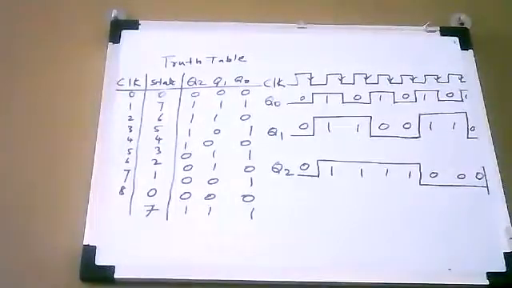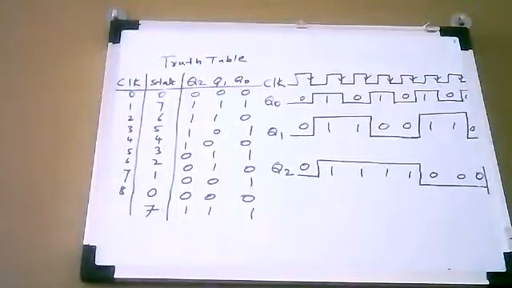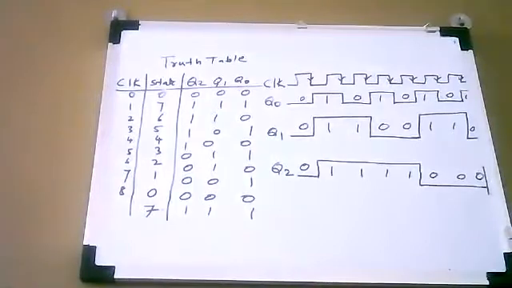Okay. So now we'll be moving to the next type of counter, which is called a bidirectional counter. I'm going to draw the circuit diagram of the bidirectional counter here. This type of circuit can count both in forward as well as in reverse direction.